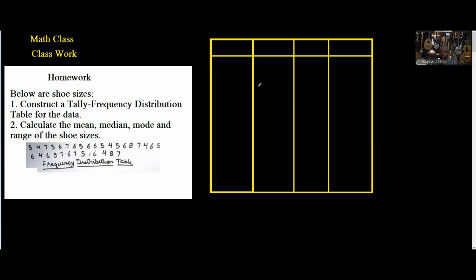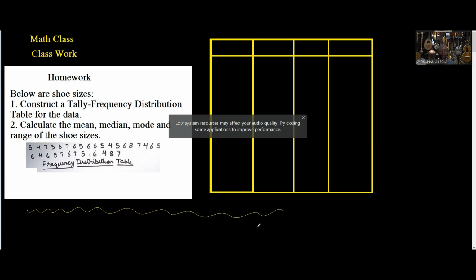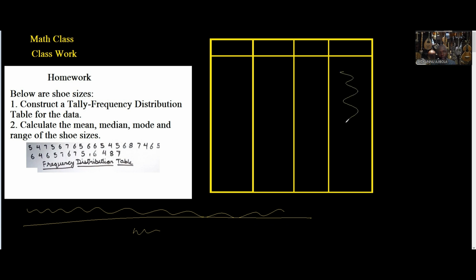But because you will be finding the mean, instead of lining up all of the numbers, plus this plus this plus this, and dividing by the total entries, you can use this column to do that.